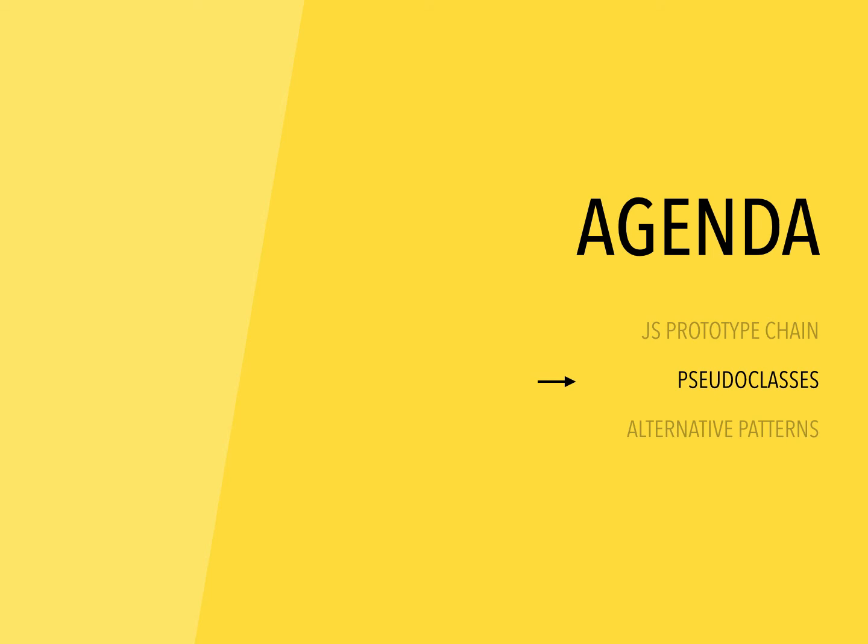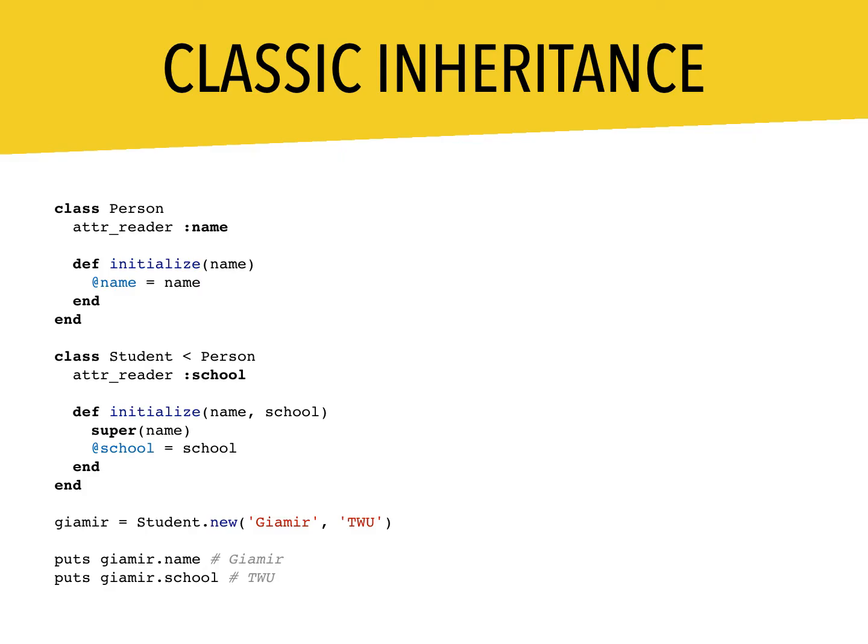Let's try now to understand how people try to fake classes in JavaScript using pseudo classes. Before, I want to speak of a particular aspect of real classes to understand better what's the difference between a class in a traditional language and pseudo classes in JavaScript. So here I have two classes.